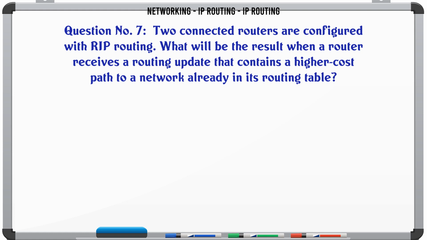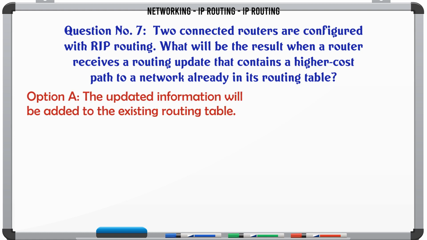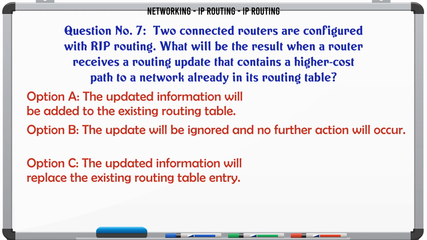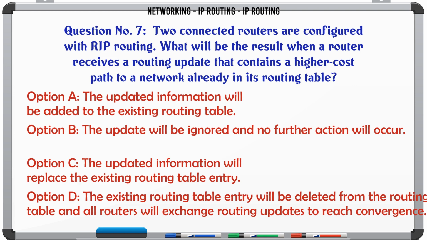Two connected routers are configured with RIP routing. What will be the result when a router receives a routing update that contains a higher cost path to a network already in its routing table? A. The updated information will be added to the existing routing table. B. The update will be ignored and no further action will occur.